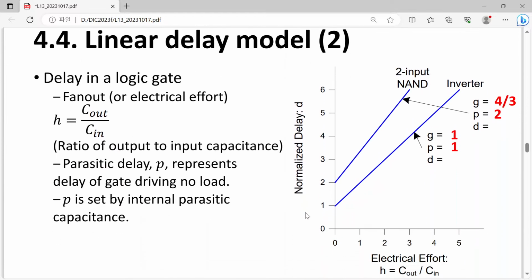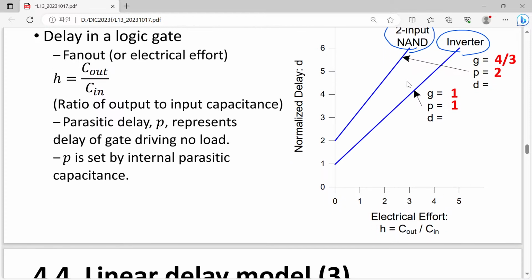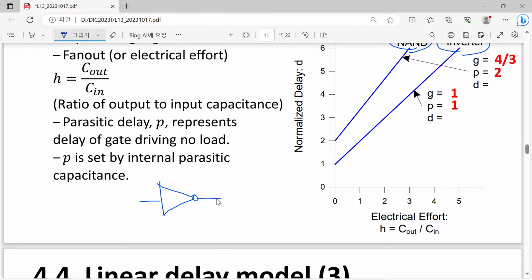Okay, so now let's have a look at these two simple examples. One example is an inverter, and another example is a 2 input NAND, not 3 input NAND. So let me just consider this one. If we have just an unloaded inverter, then what will happen?